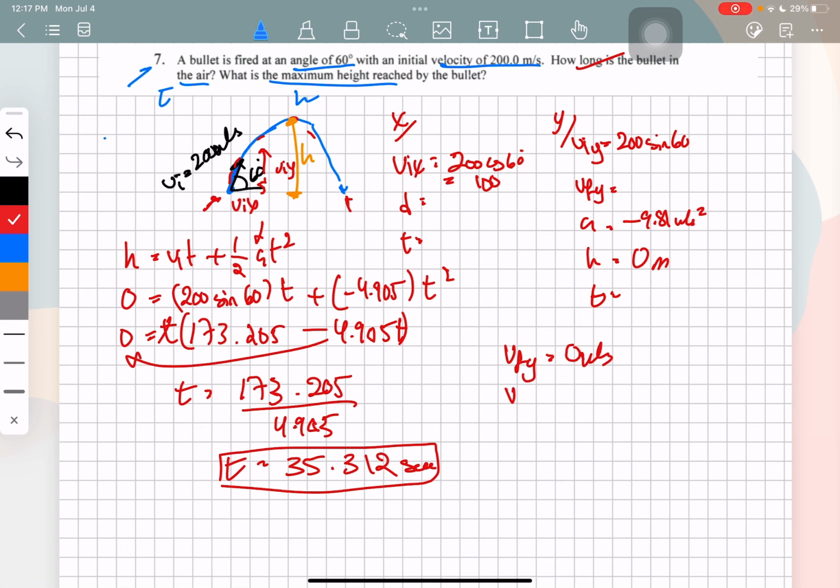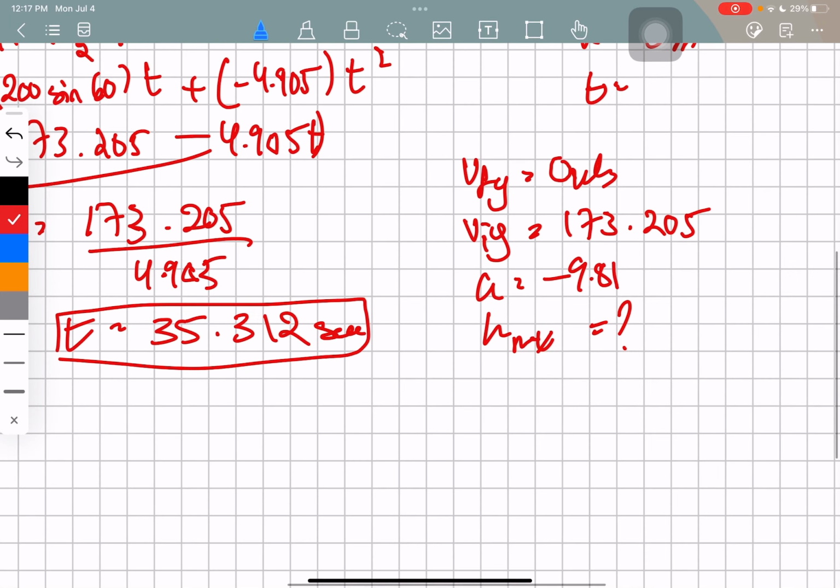The VIY was equal to 173.205, and the acceleration was negative 9.81. We can use this information to figure out the max height. To do this, we have to use a different equation, VF squared equals VI squared plus 2AD.